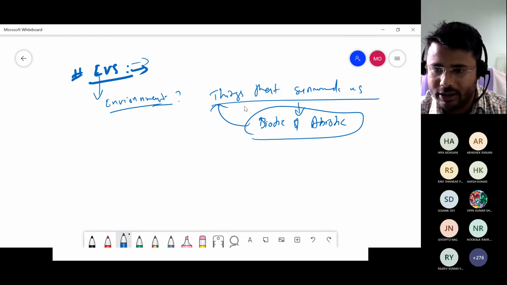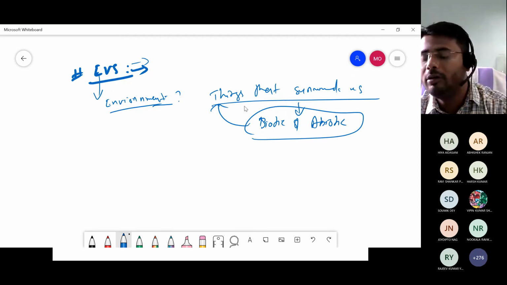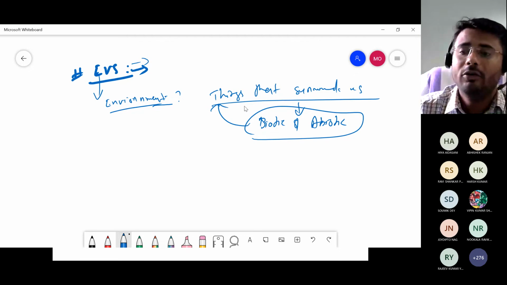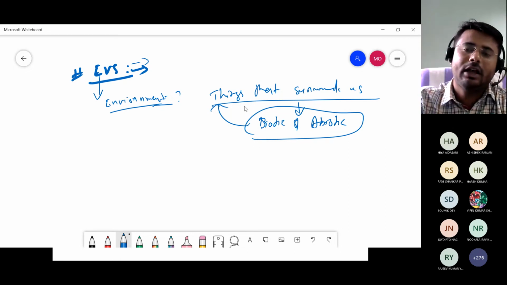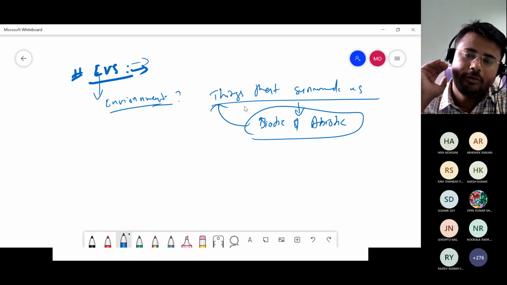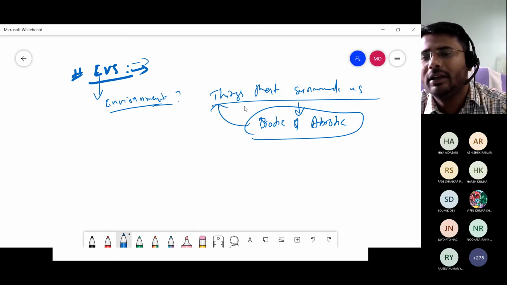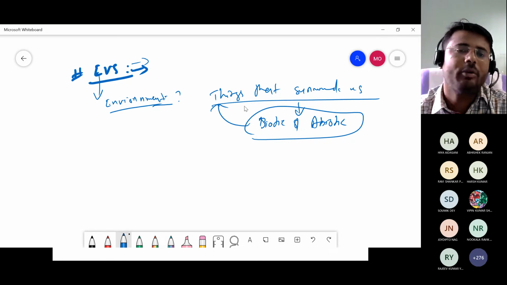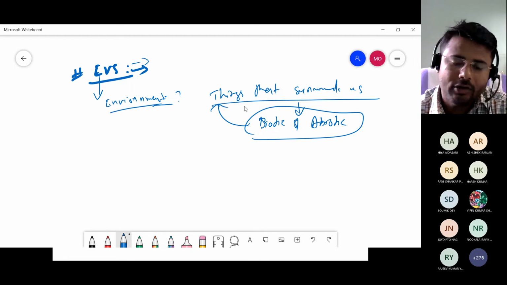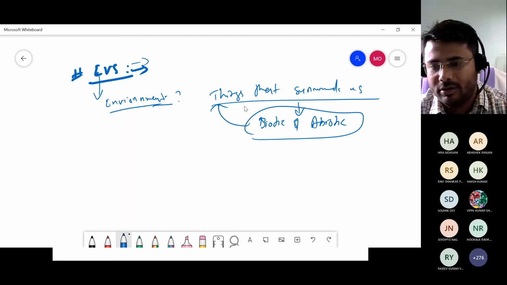If you understand what and how, then we will be able to understand what we should not do. Then the environment will be relatively on a safer side. That is the objective of this particular course, and accordingly we will deal with the different components of this subject.